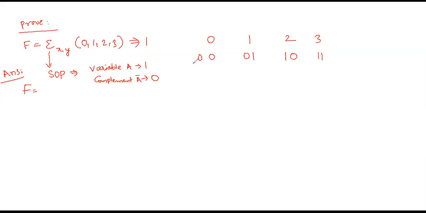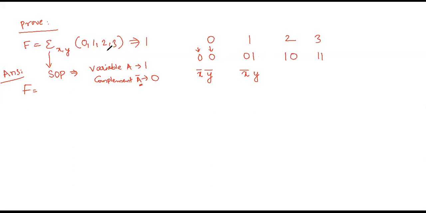The first position indicates x, the second position indicates y. So 0, 0 is x bar into y bar. 0 will be indicated with complement. Next, 0, 1: x is 0, so we write the complement x bar like that. 1 will be indicated with the variable itself.